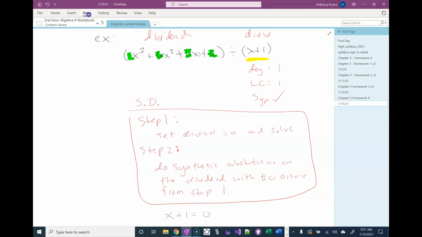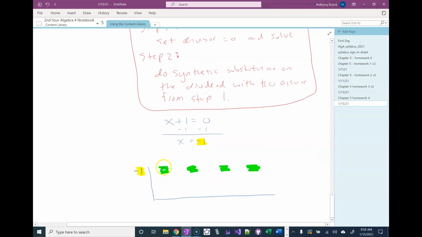So in this case, it'll be 1, 6, 11, and 6. Everybody kind of remember that when we did synthetic division earlier? Remember I said that although this seems like a stupid thing to use to do substitution, it was going to be pretty useful going forward to do some other things. This is that other thing that I was kind of hinting at before.